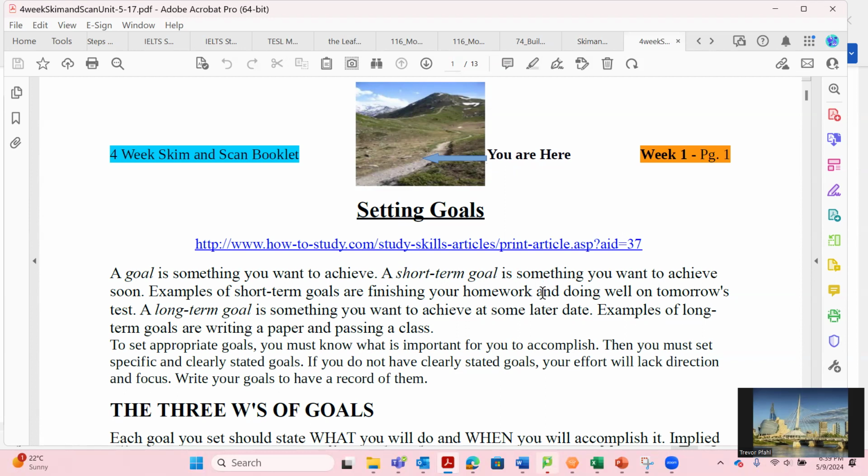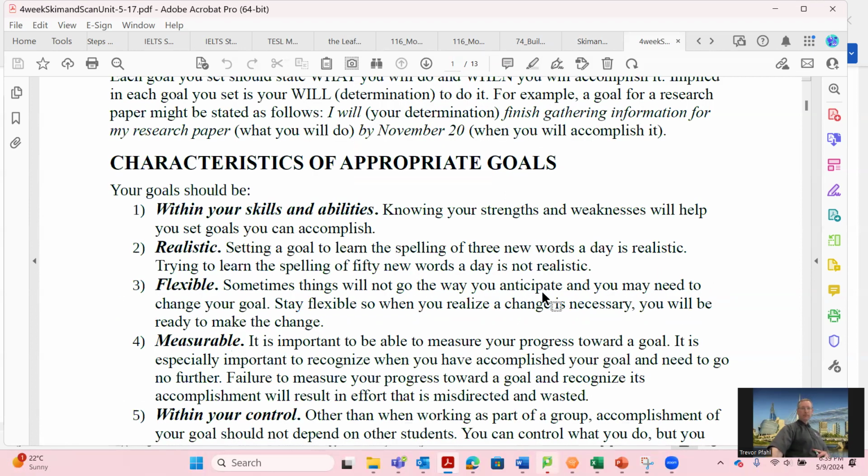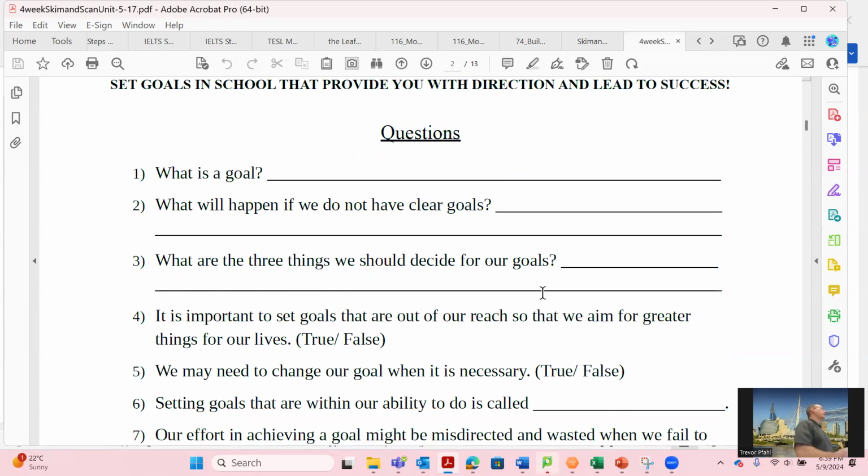Okay, so let's look at the answers to this section. What is a goal based on this article? Okay, so something you want to achieve.